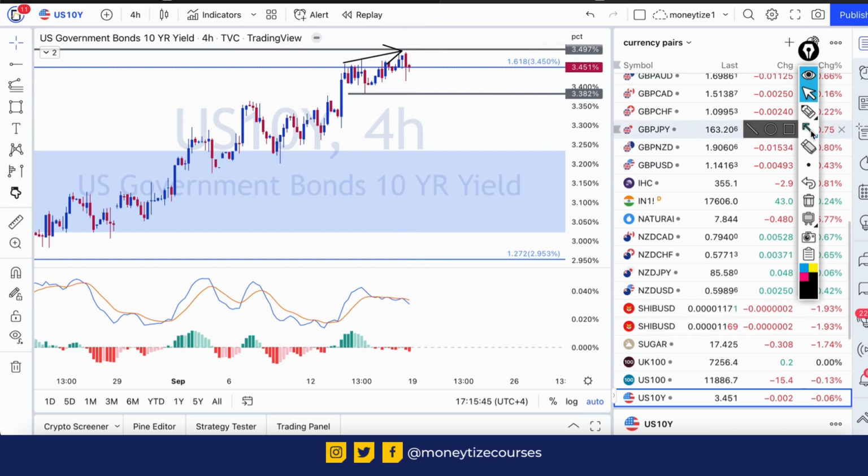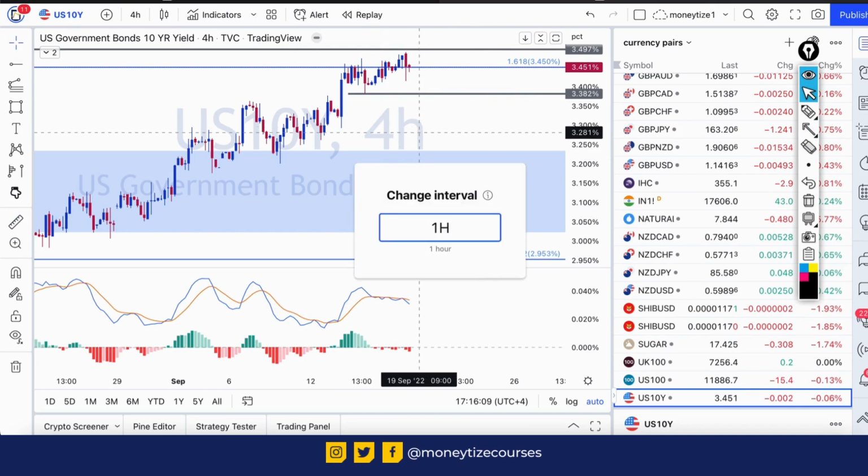So we may find a small push to the downside and then continuation higher to clean the orders above this high, and then it may complete one more fake high with bearish divergence and continuation to the downside for a small time correction. Ultimately, the higher time charts are still bullish.